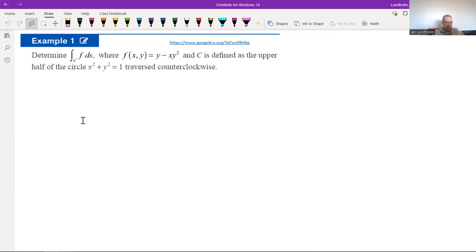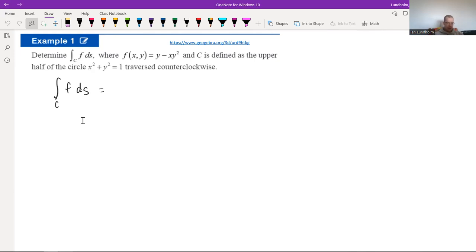Okay, we're going to take an arc length integral where our boundary function, our top height function, is given to us by y minus xy squared, and c is defined as the upper half of the unit circle, traversed counterclockwise. Cool. So I'll just copy down integral c of f ds.